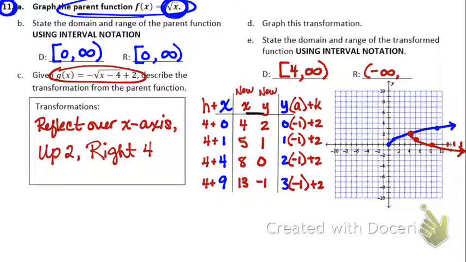Smallest thing always goes first. What's the biggest y? 2. If it's been reflected, it's going to be -infinity first, and then up to my k value. That k would be the biggest now instead of the smallest.